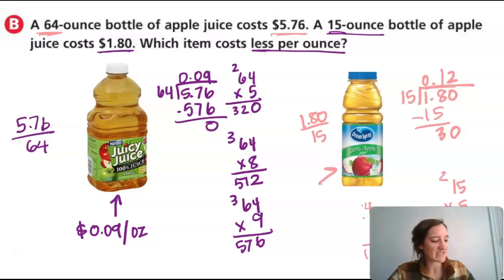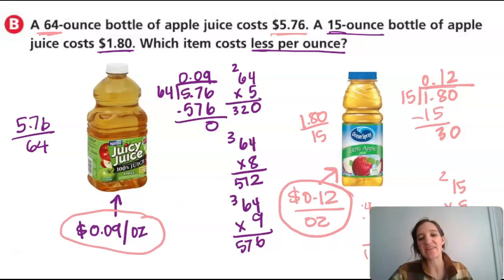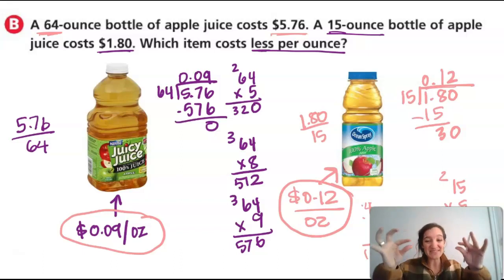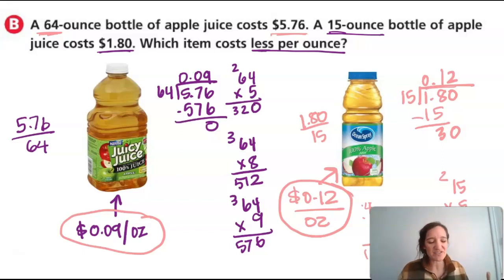The 15 ounce one ends up being 12 cents per ounce. So that tells me that the larger one is actually cheaper. It's only 9 cents per ounce, whereas the smaller one is 12 cents per ounce. And that's usually what you'll see.